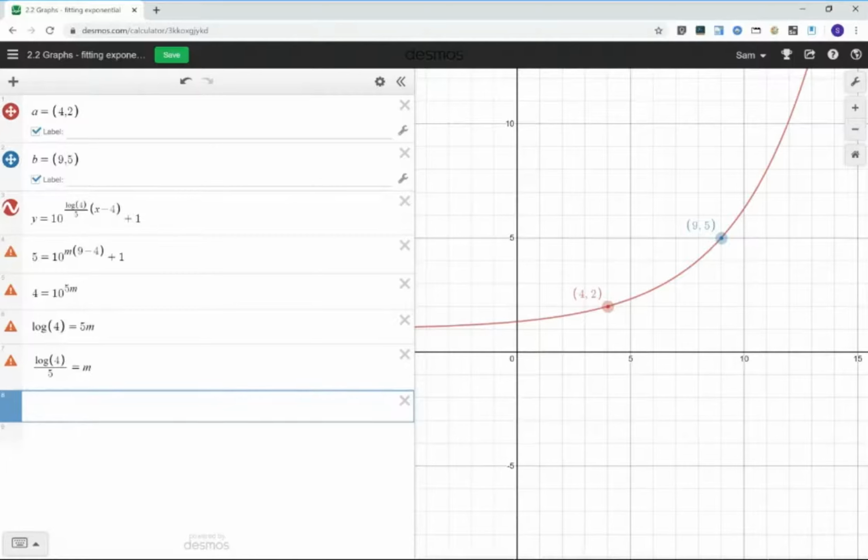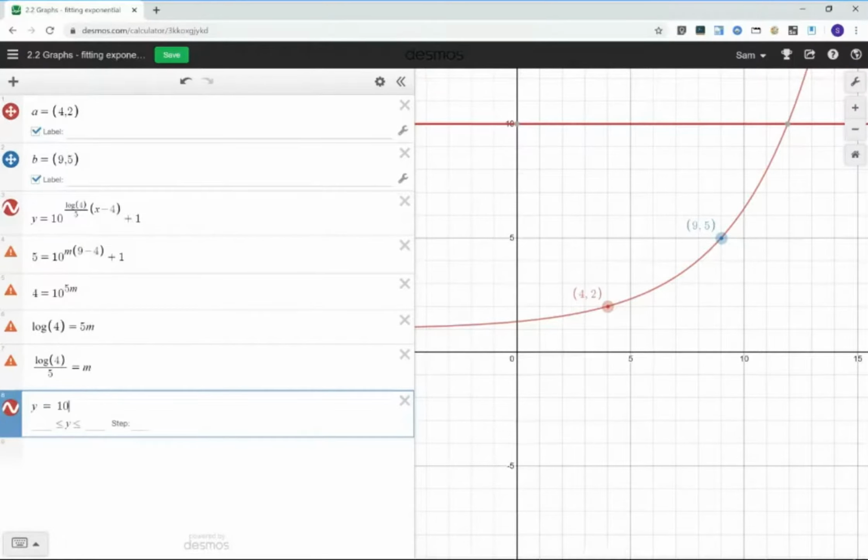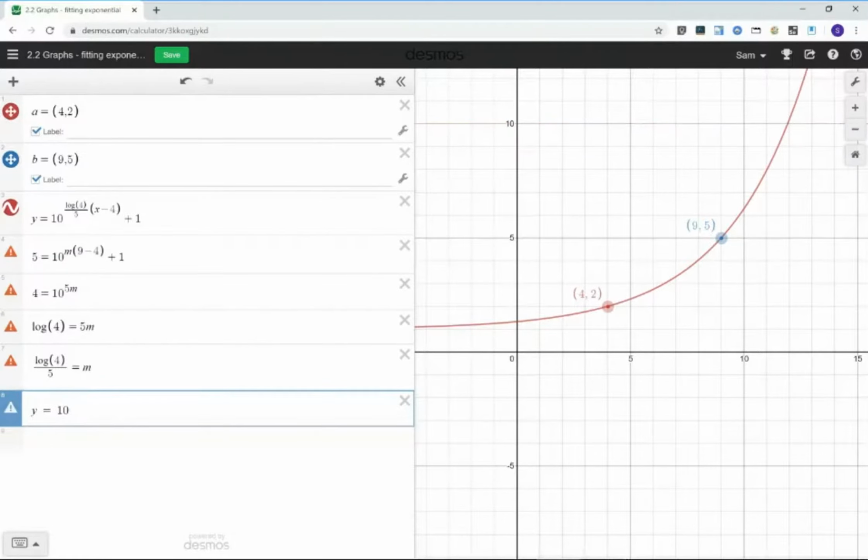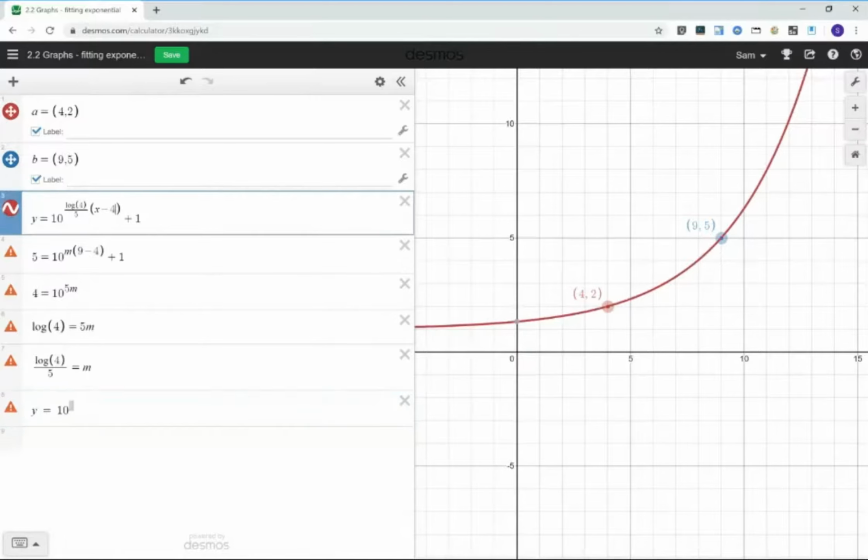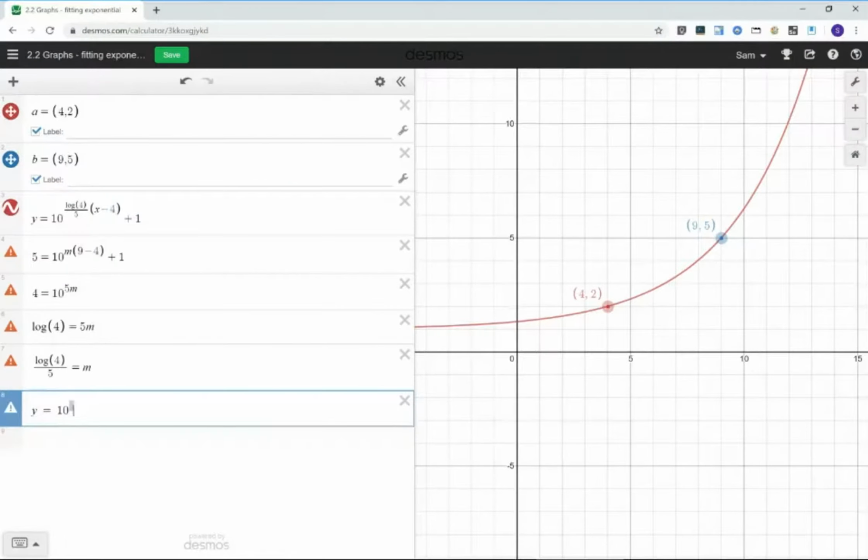Let's think about what happened. What did we do? Shifted x by the first x value. Let's just call it x1. I'm going to make up some points in a second.